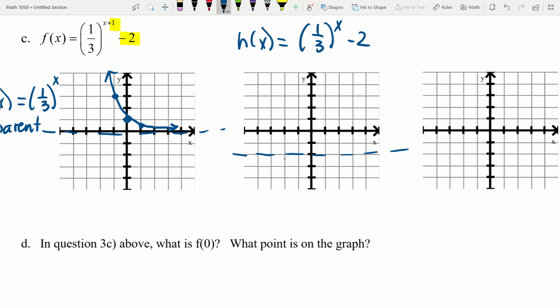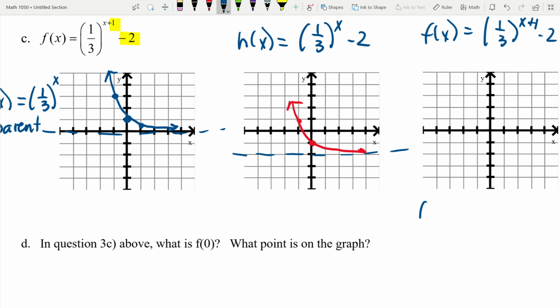Move it down 2. Always start with your asymptote. And then here I am at 0, 1, go down 2. Left 1, up 3, and I'll take that down 2, and then I'm going to curve it, and there it is. Okay, final graph is going to be f of x is equal to, in parentheses, 1/3 to the x plus 1 minus 2.